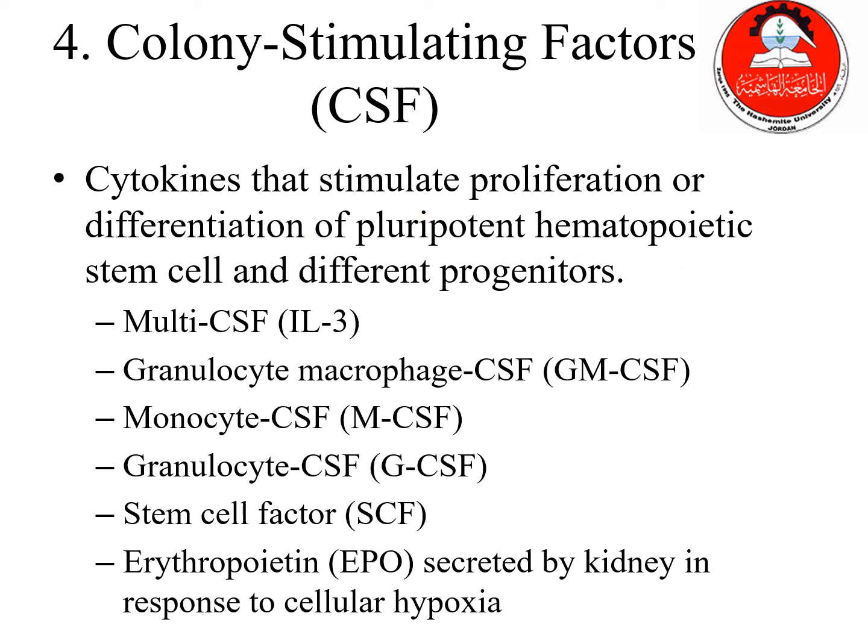We have the multi-CSF or interleukin-3, the granulocyte macrophage colony stimulating factor, the monocyte colony stimulating factor, the granulocyte colony stimulating factor, the stem cell factor, and also the erythropoietin or EPO, which is secreted by the kidney in response to cellular hypoxia, and the net result is production of more red blood cells to cope with this hypoxic status.